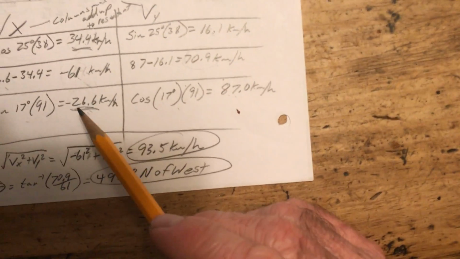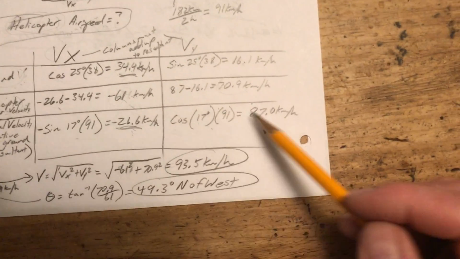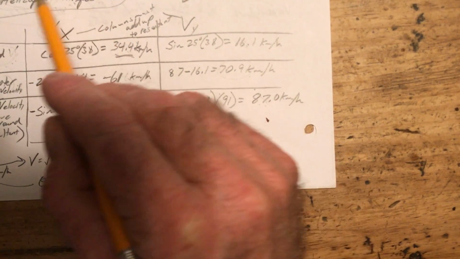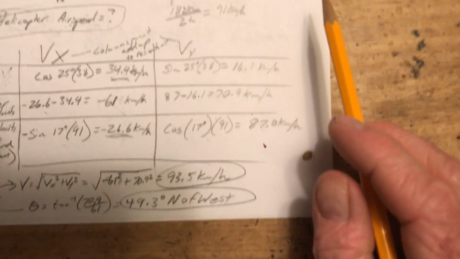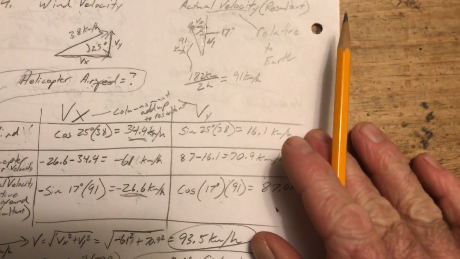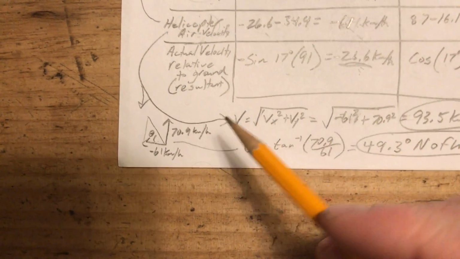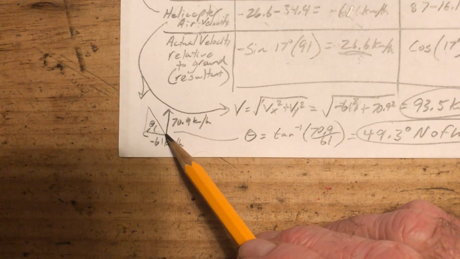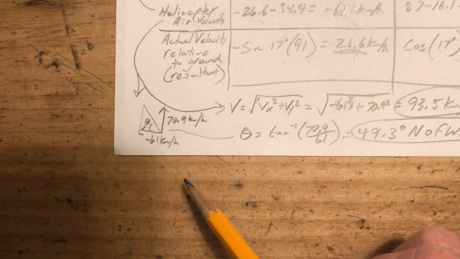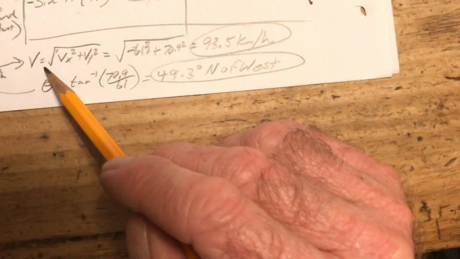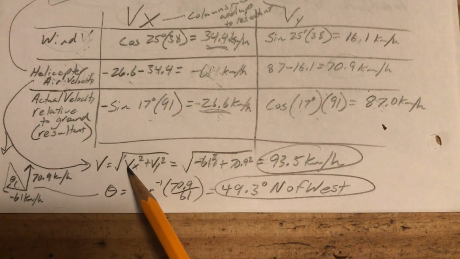So these are the x and y parts of the helicopter velocity, airspeed, and direction. If I want an actual number for that, I can use the Pythagorean Theorem.